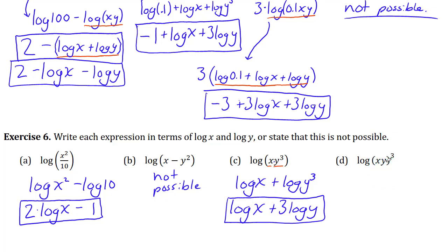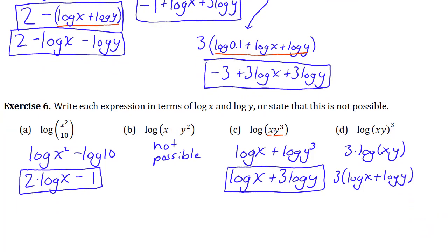Now with this one, log law 3 is the one that applies first. So that's going to be 3 times log of xy. And then log of xy is going to become log of x plus log of y. So you could distribute the 3 in there if you want.